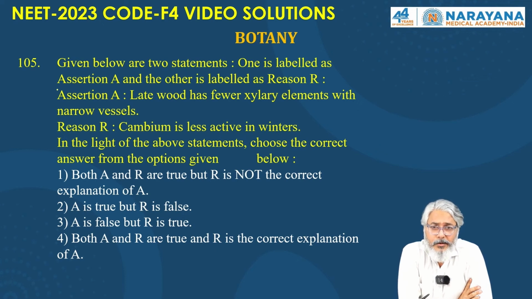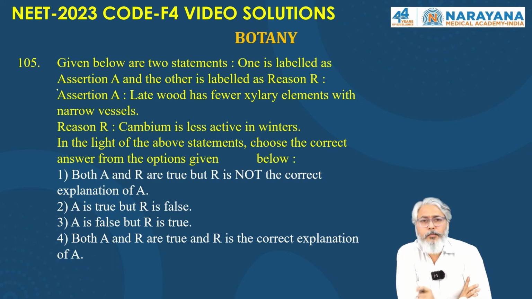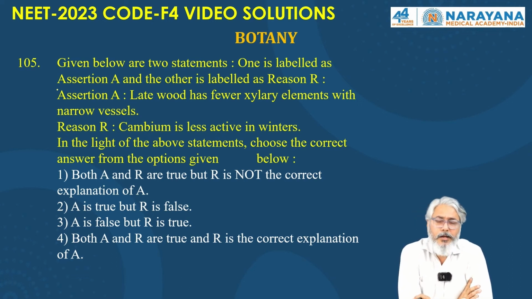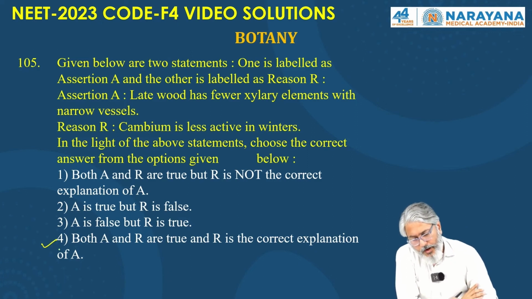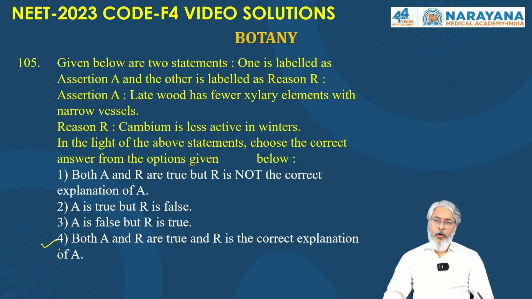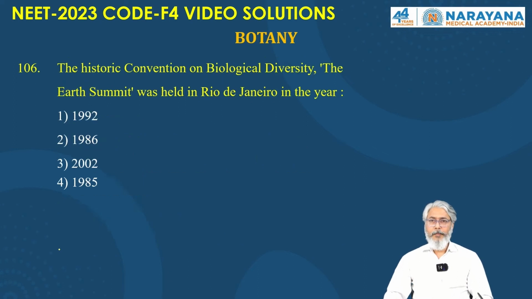So when we connect, late wood has fewer xylem elements with narrow vessels because cambium is less active in winters. You can write here winters and autumn. So what is the answer? Both A and R are true, and R is the correct explanation of A. So the answer is number 4 here, right?